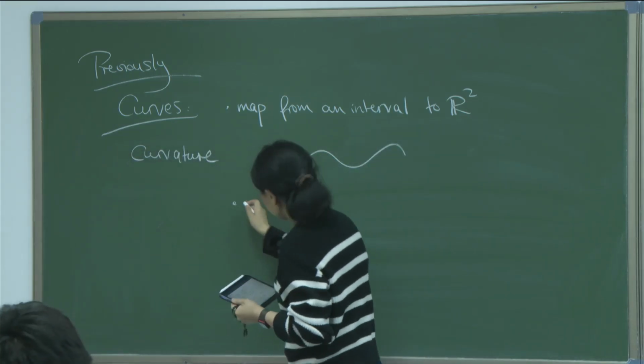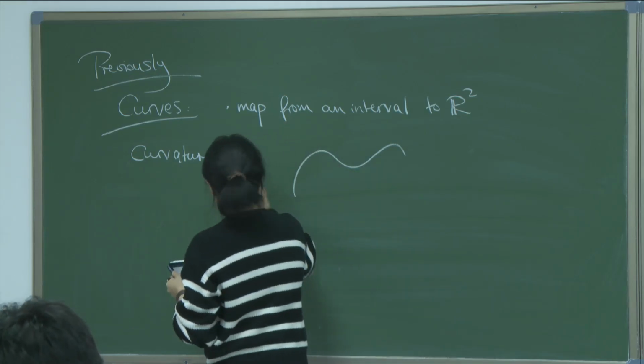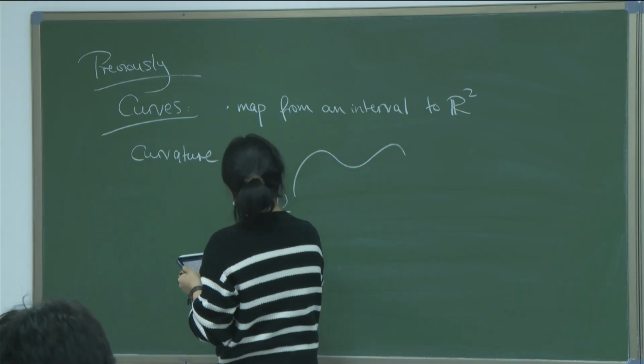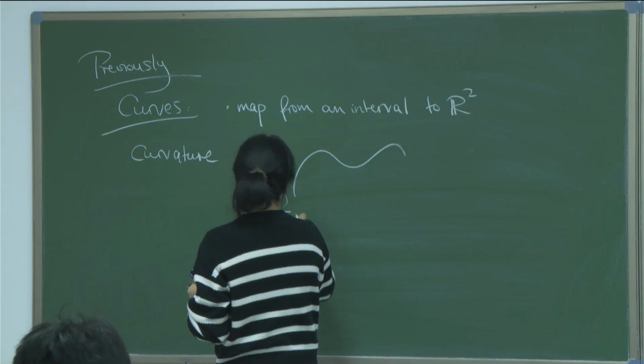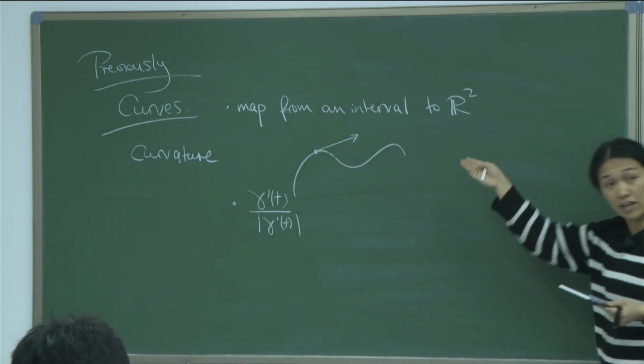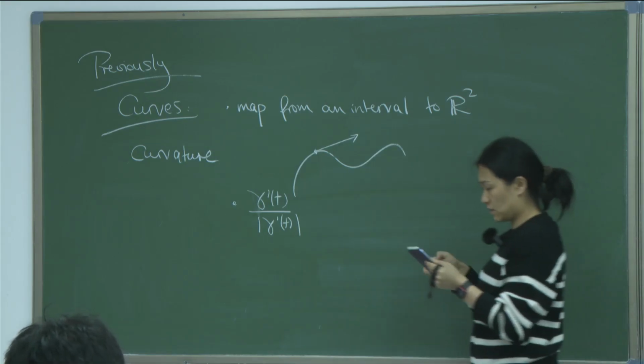So now, when we talk about the tangent vector, we are talking about something like this, which has unit length. The direction I'm looking at.